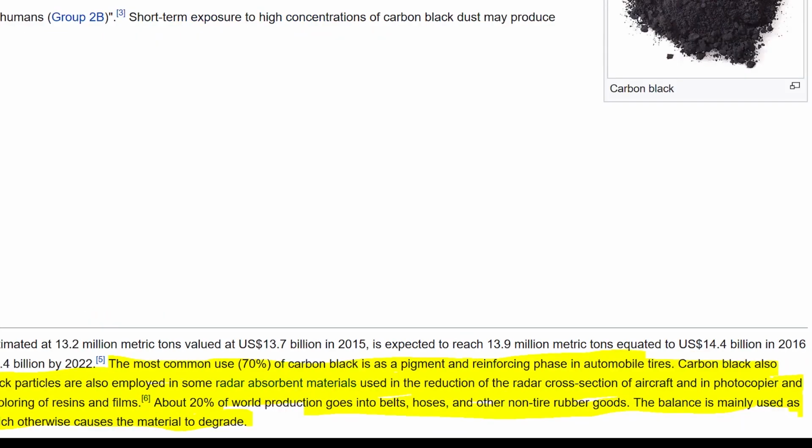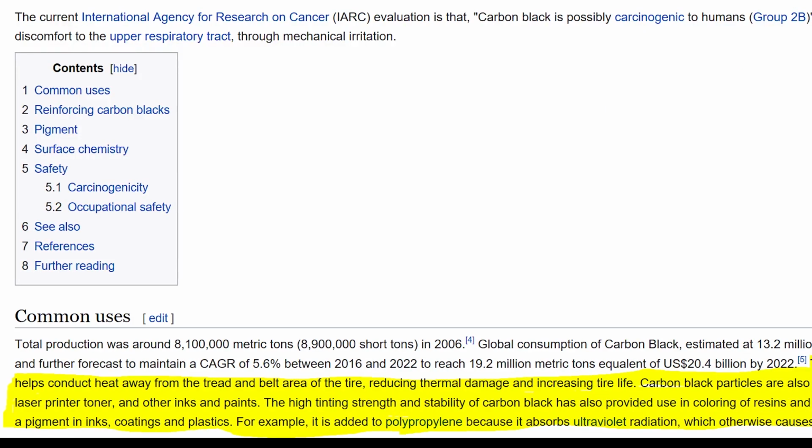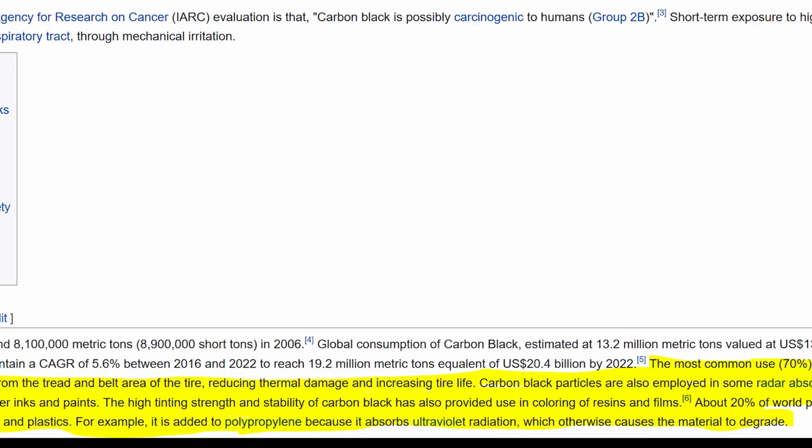About 20% of world production goes into belts, hoses, and other non-tire rubber goods. The balance is mainly used as a pigment in inks, coatings, and plastics. For example, it is added to polypropylene because it absorbs ultraviolet radiation, which otherwise causes the material to degrade.